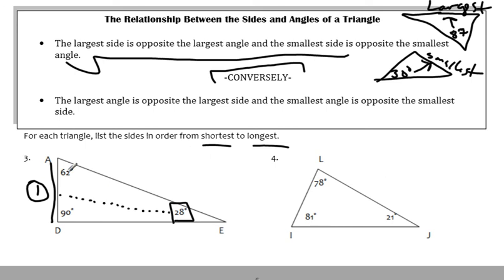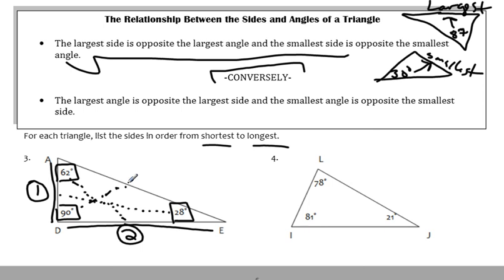Then I find my second smallest, or the one in the middle. That's 62, and I go across from 62. That side across from 62, DE, is my middle side, so I put a 2 there. And then I find my largest angle.